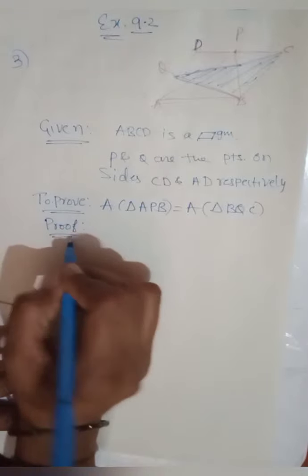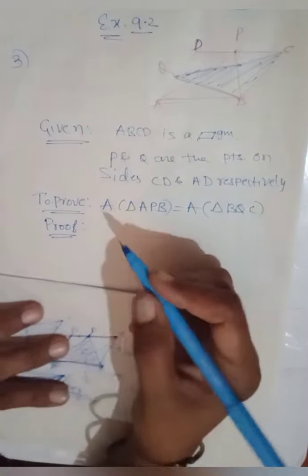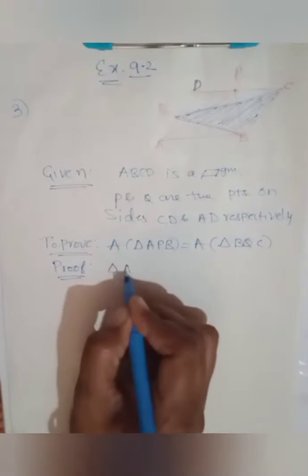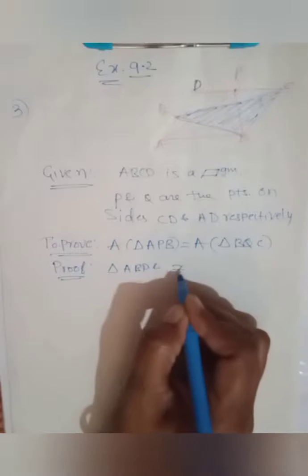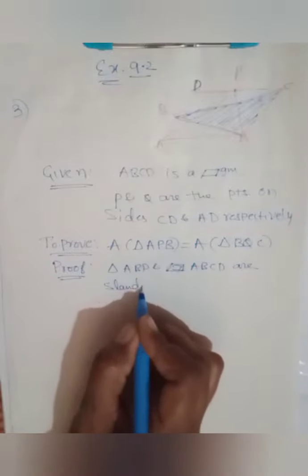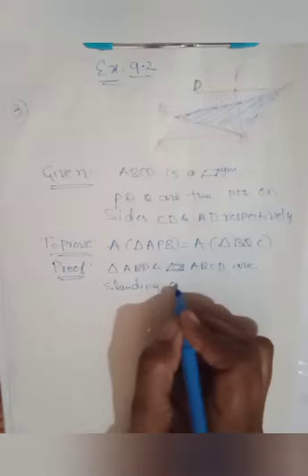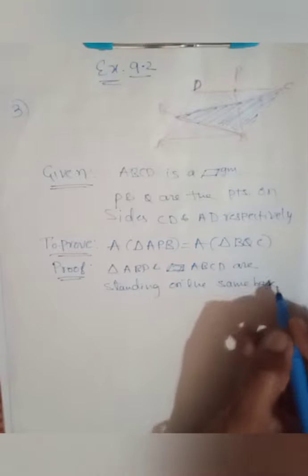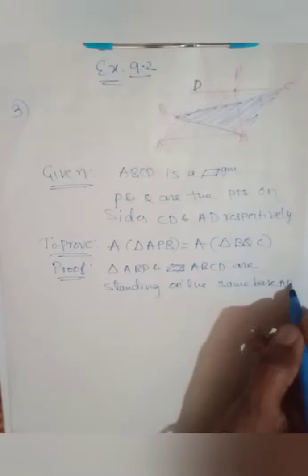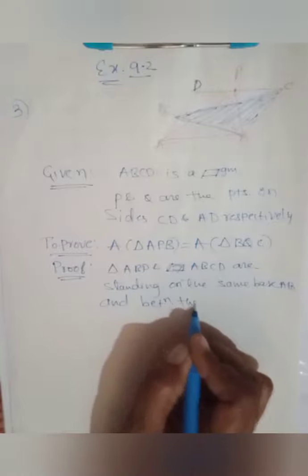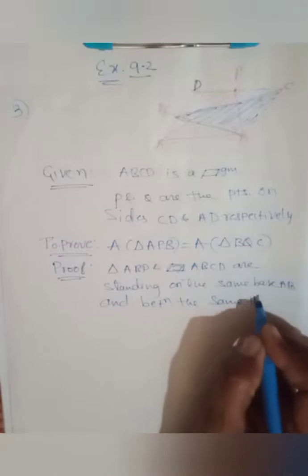For a theorem or a solution, we write the statements. Triangle ABP and parallelogram ABCD are standing on the same base AB and between the same parallels.